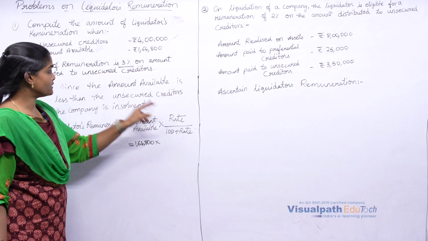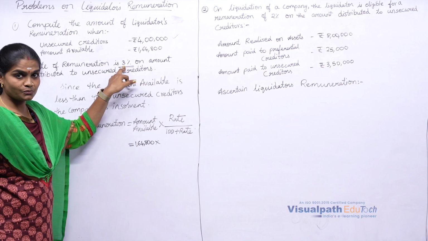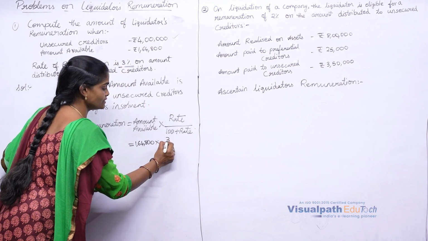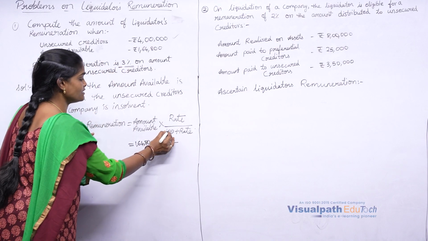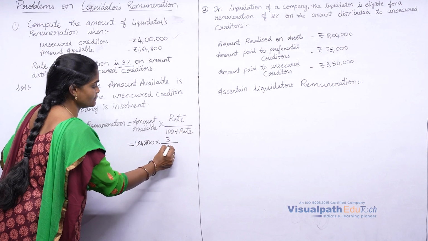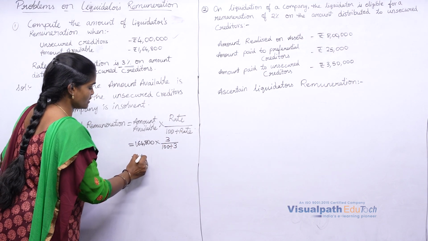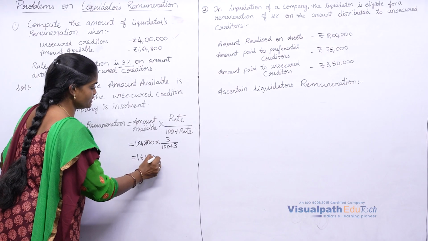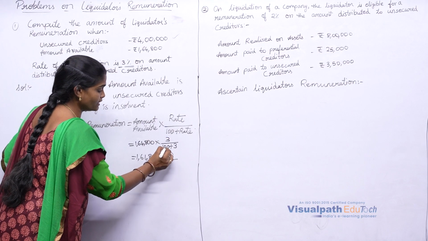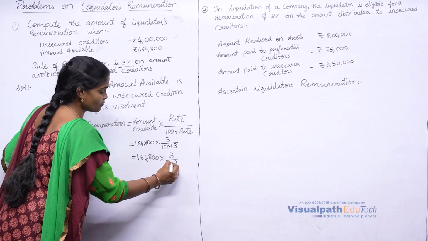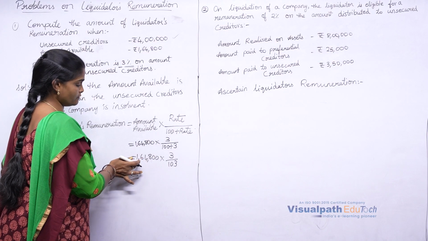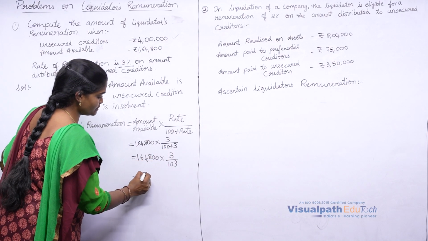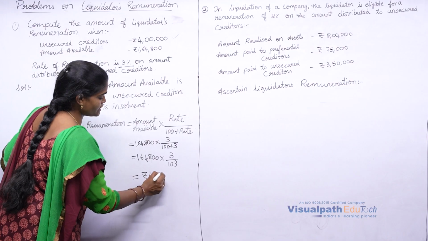Into the rate at which remuneration is paid, 3%, by 100 plus rate, so 100 plus 3. So 1,64,800 into 3 by 103. If you simplify, the final answer will be 4,800.